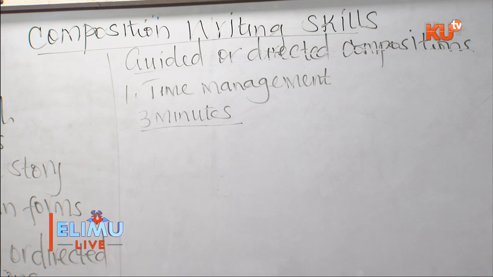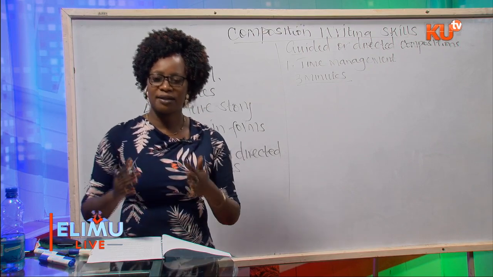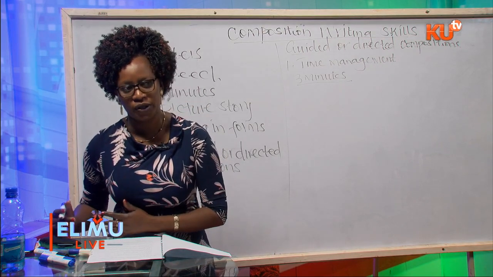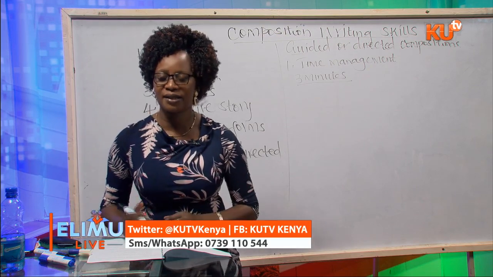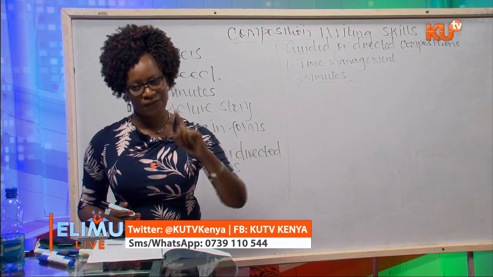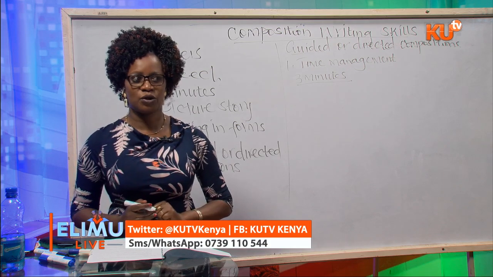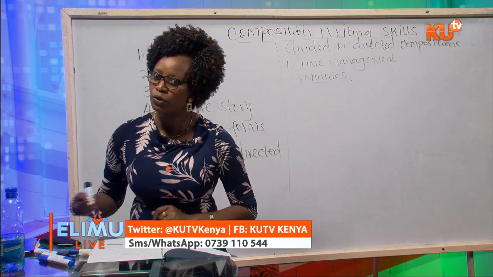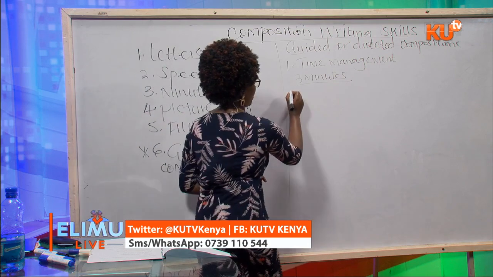Remember, the instructions are always there. Below is the beginning of a composition. Complete it in your own words, making it as interesting as possible. That is the first thing you do. Read the instructions carefully so that you know what you are supposed to do. So the first thing is to read instructions.